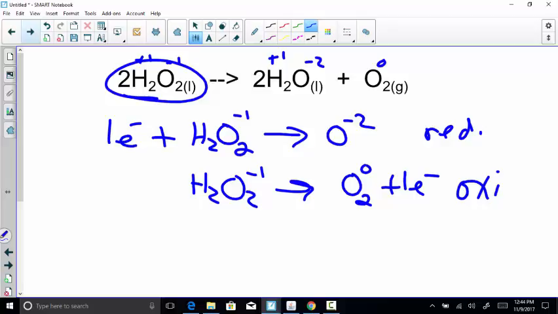H2O2. What's the reducing agent? H2O2. Because it oxidizes itself. Yes. Which is why you don't have the high concentrations. Basically, the answer to every single one of them is H2O2. Every single one. Yep. H2O2 is the oxidizing agent.